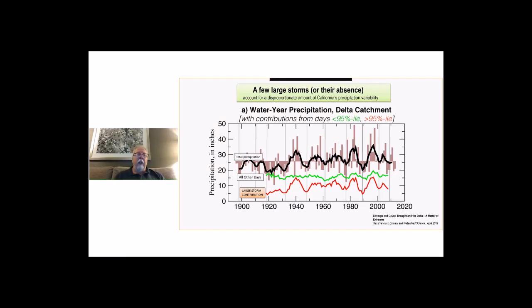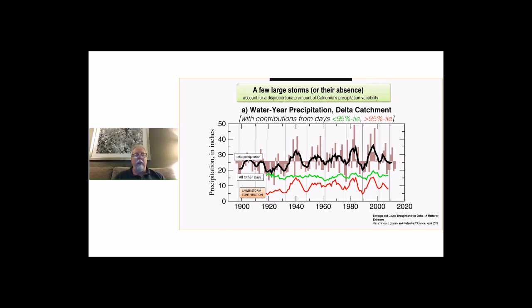And the interesting thing they did in this study was ask the question, if we took just the 5% wettest days each year, out of all the wet days, which is really just a handful, how much did they contribute to the annual precipitation, and then add up all the remaining 95% of the wet days. The green curve is the remaining 95%. The red curve is the top 5% wettest days and how those vary from year to year.